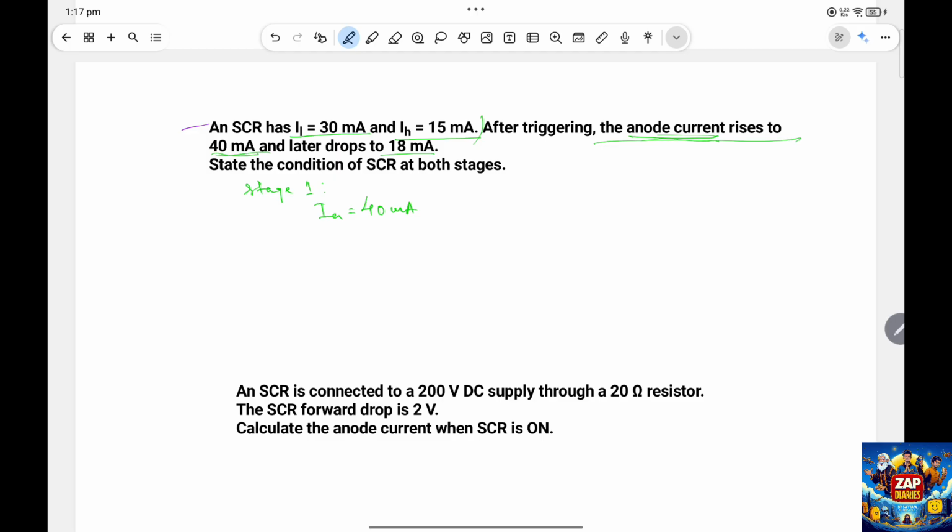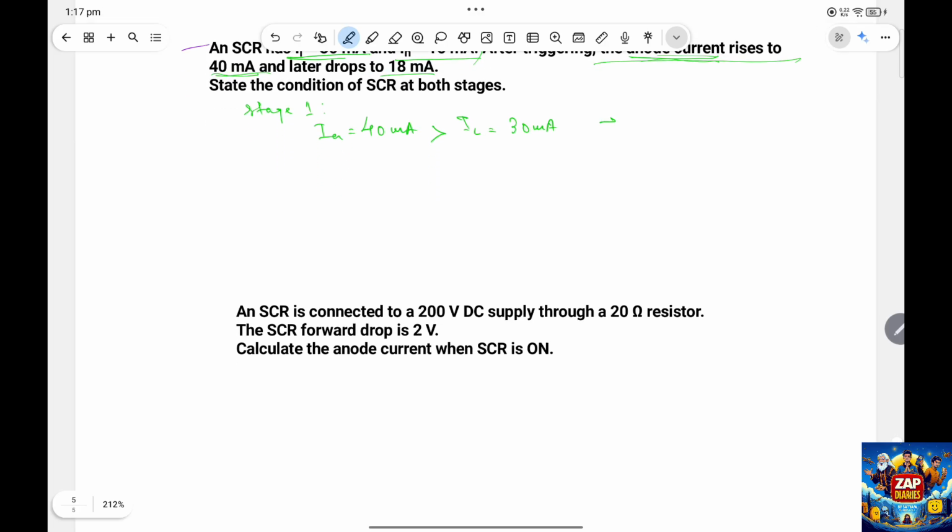And you see the 40 milliamps is greater than the latching current, which is 30 milliamps. The anode current is greater than the latching current, that means the SCR is on. So we say the SCR is on.